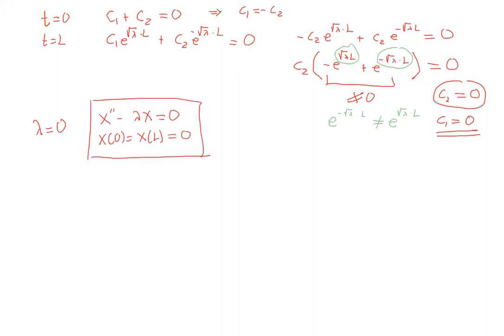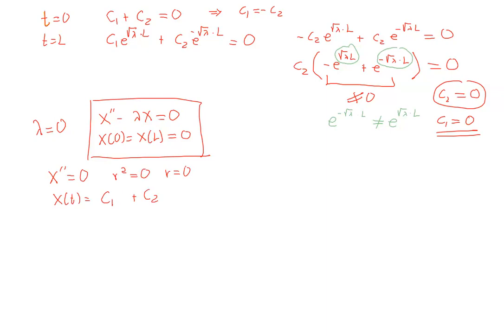So if lambda is equal to 0, then you're looking really at the differential equation x double prime is equal to 0, which has r squared is equal to 0 as the auxiliary equation, and r is equal to 0, a double root. So what is the solution in this case? It's C1t plus C2, right? Or C1 plus C2t if I want to write it the way I had presented the solution.